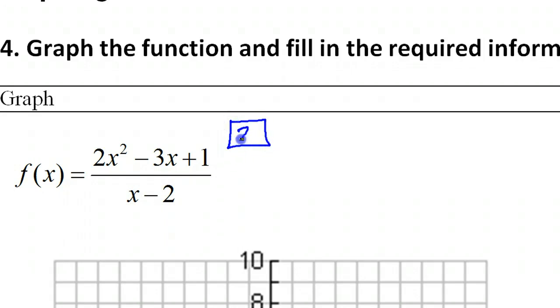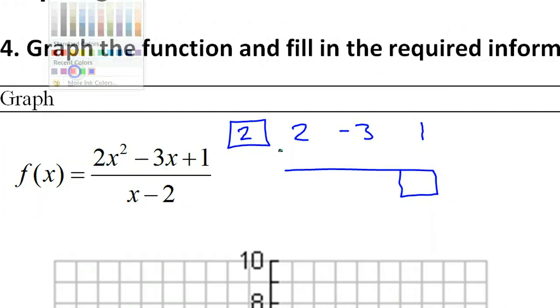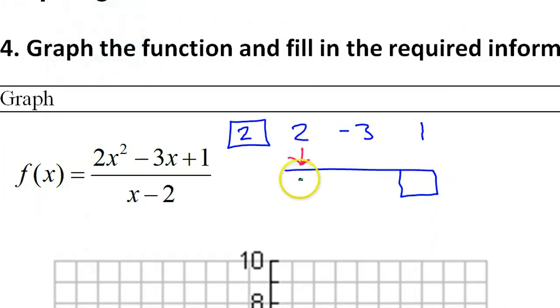In the box we put positive 2, and we've got coefficients 2, negative 3, 1. Bring this down, multiply, add, multiply, and add.